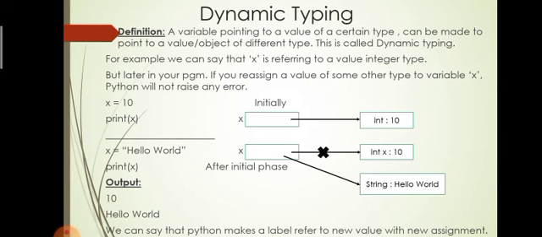You can see over here, x equal to 10 is defined initially, and after that we have defined x equal to hello world, that is of string type. Python will not raise an error because Python supports dynamic typing. So we can say that Python makes a label refer to a new value with a new assignment.